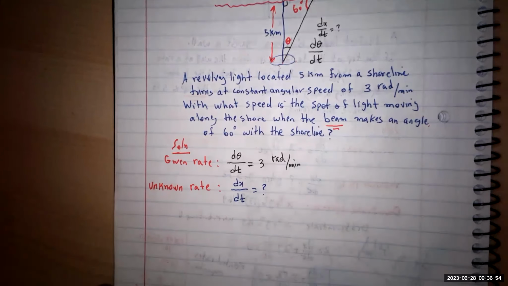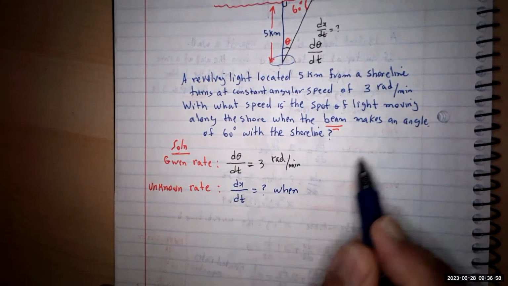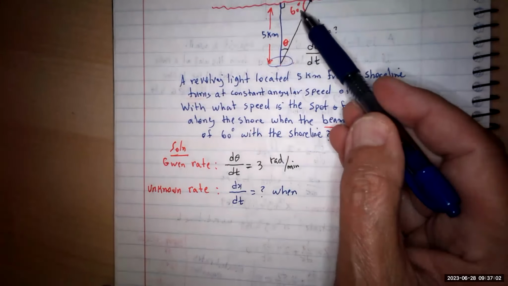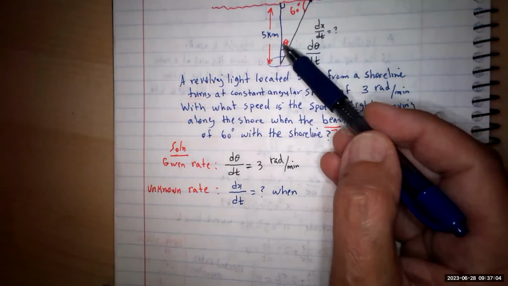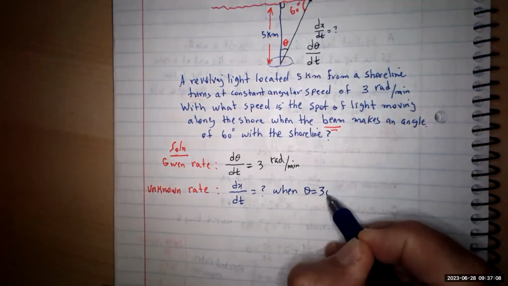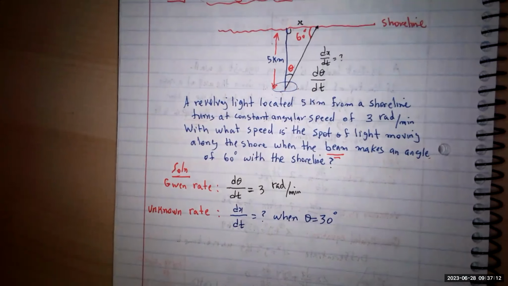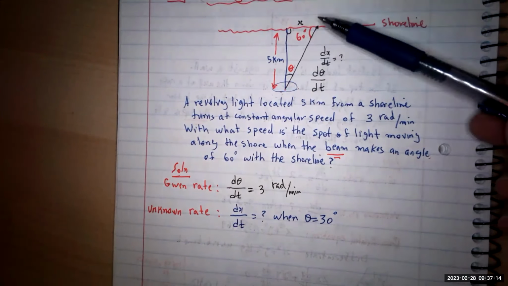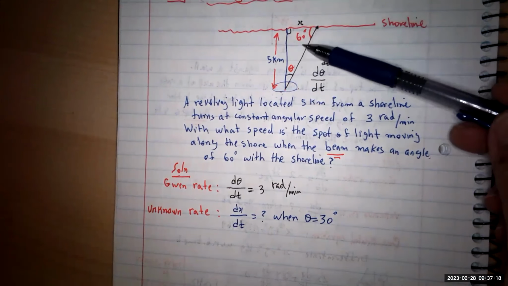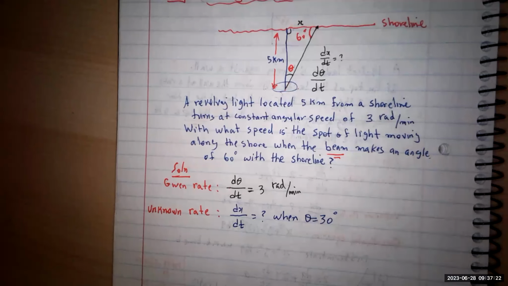But when we want it, it's when the angle of the beam is 60 degrees, which you change to θ: when θ is 30 degrees. You identify it on your graph, if you like. You identify the 60 degrees here, and that's 90 degrees, so the leftover is 30 degrees.